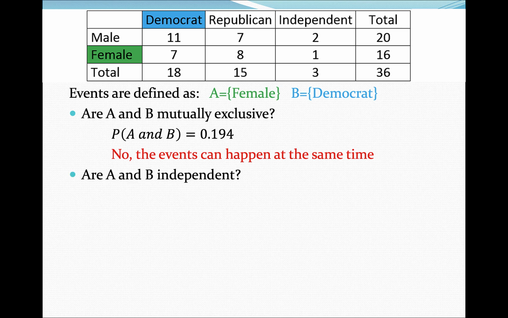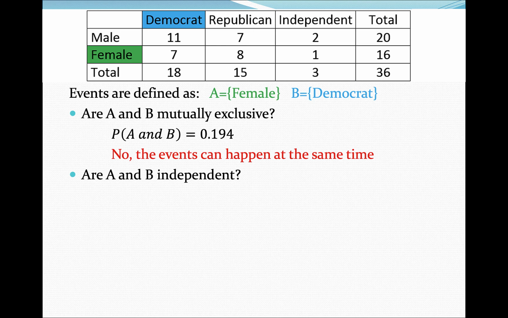Are they independent? This is one of those scenarios where it's best not to just think about the variables. Don't just think of whether being female has an impact on whether or not someone might identify as a Democrat.